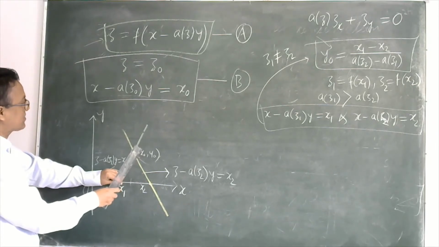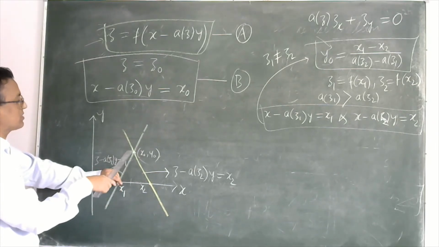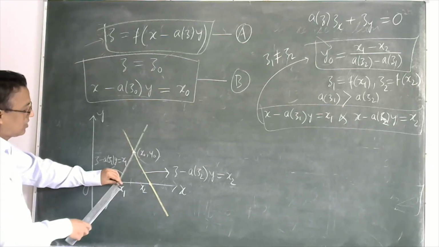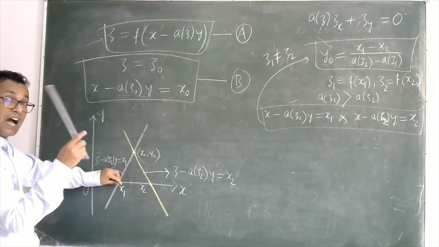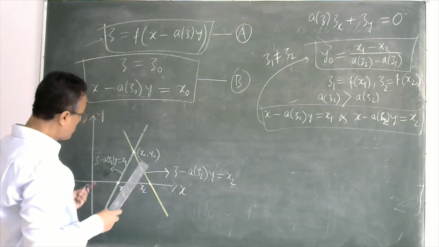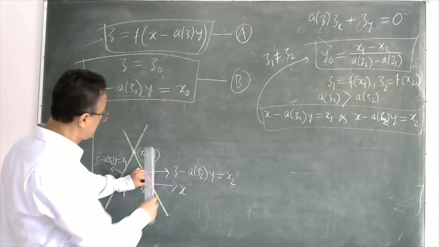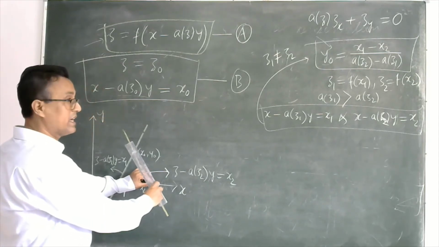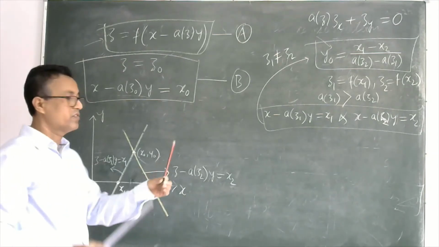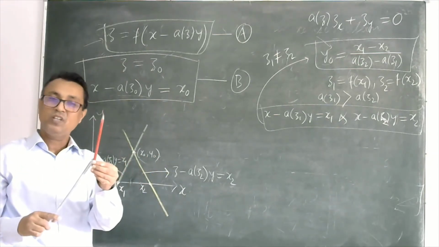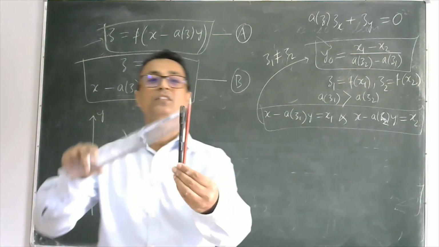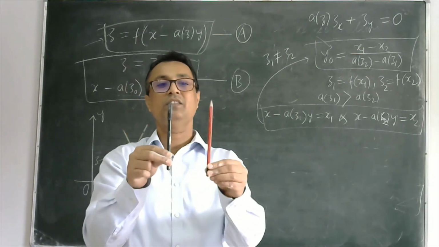That is nothing but the straight line given by x minus a z1 y equal to x1, z equal to z1. Is it okay with everybody? So the length of this represents the height z equal to z1, right? Similarly, this other straight line is at the elevation represented by the length of this pencil. Is it okay with everybody? So that means, see here, their lengths are different.